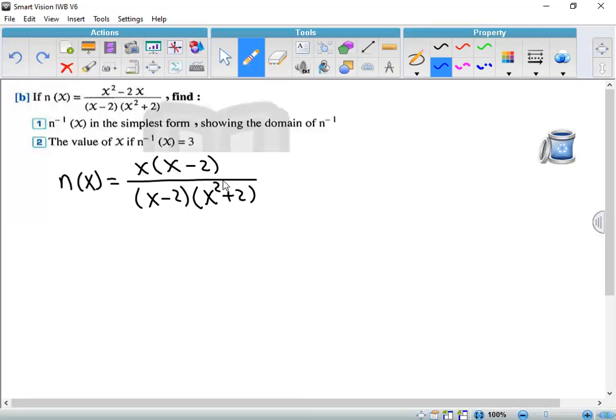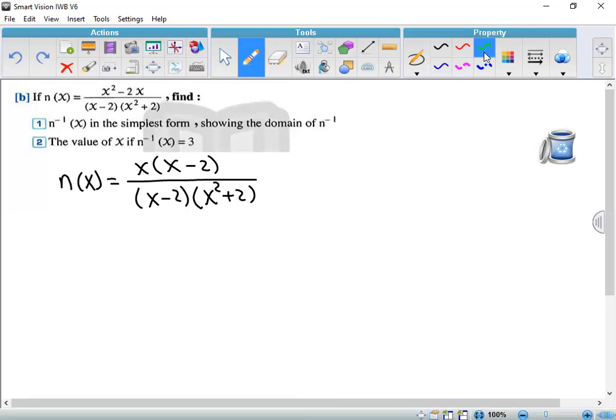For this function, this algebraic fraction, to have an n inverse, the domain must equal R without the zeros of the numerator and denominator.